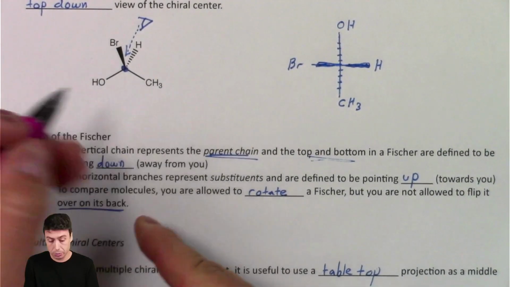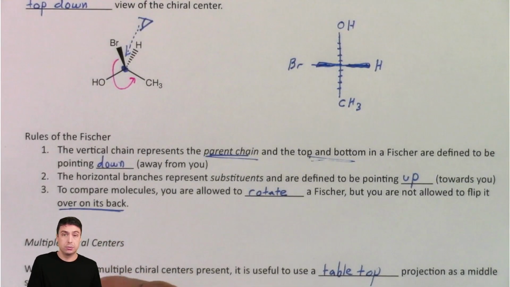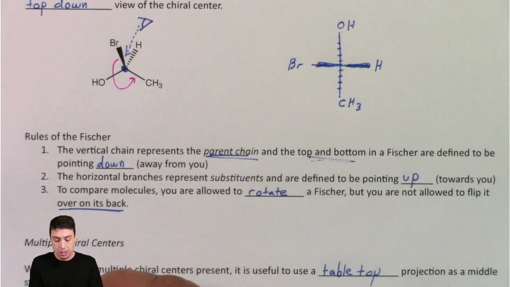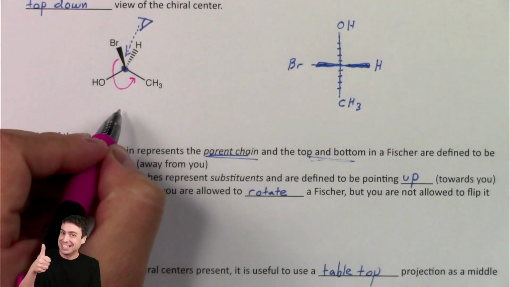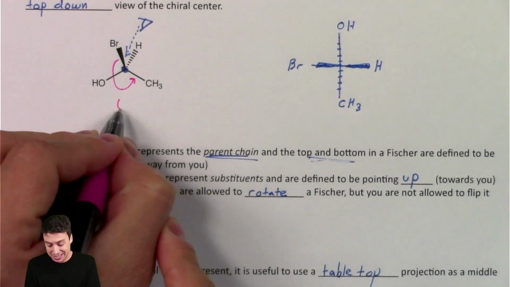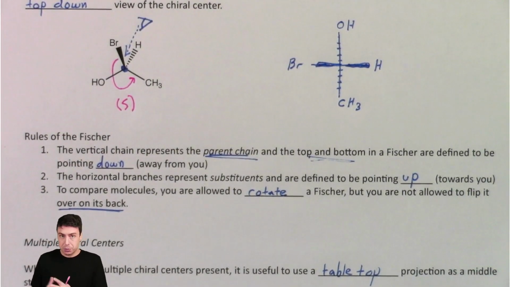The methyl is number 3. So this would be a counterclockwise arrow. Remember, that's all based on atomic number, just literally the number on the table. So 1, 2, 3, counterclockwise. 4th is on a dash. Remember, dash is cash. So that means this is an S configuration. What that means is the Fischer projection that you build has to have an S configuration.